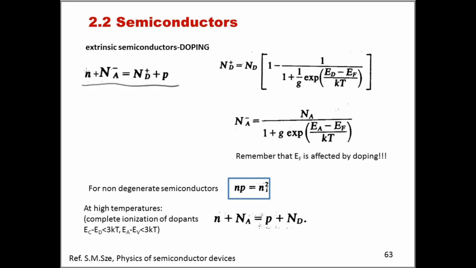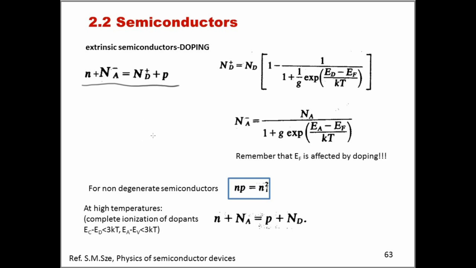So we have n, the density of free electrons, plus the number of ionized acceptor dopants. These are negative ions, remember, and the number of ionized donors, these are obviously positive ions, and so they are added to the total density of free holes.